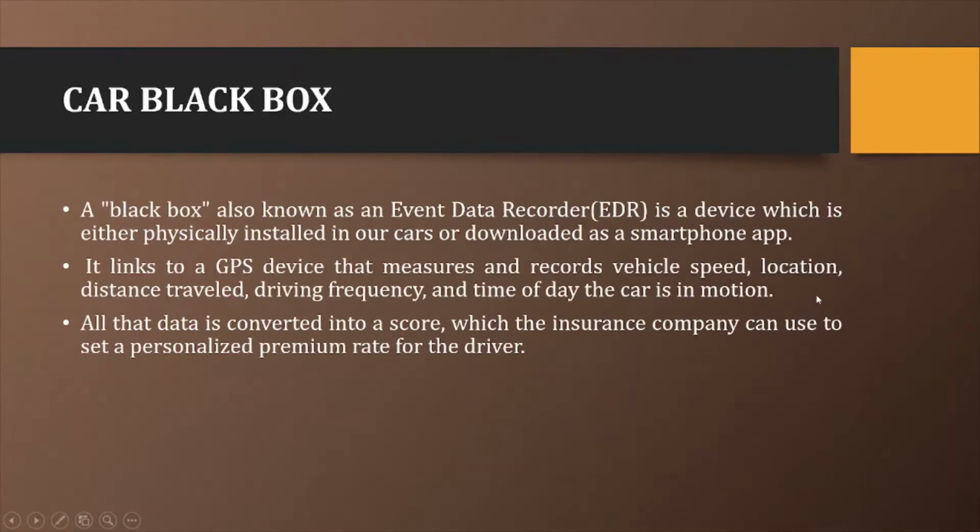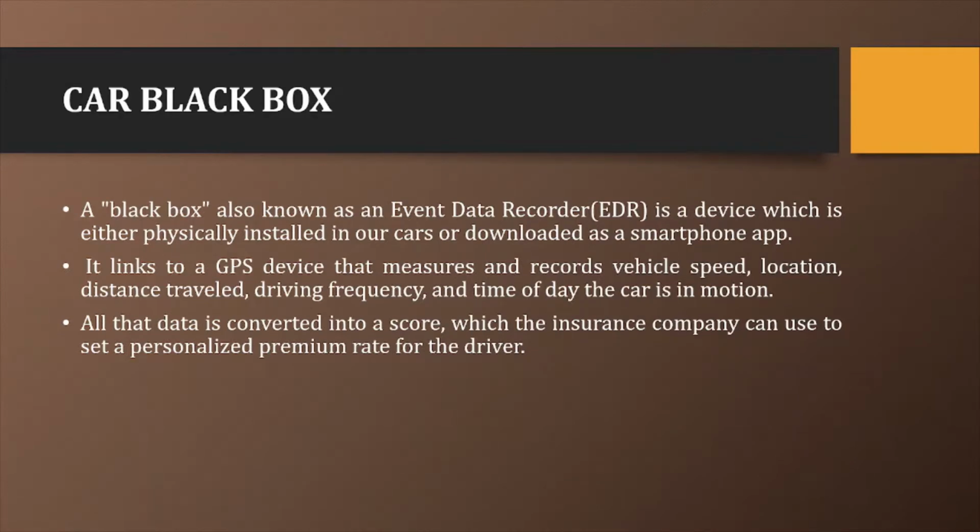Car Black Box. A car black box is a device installed in vehicles which monitors or records events such as speeds, braking, mileage, location, and many more. It provides all the records of all events prior to a vehicle crash.